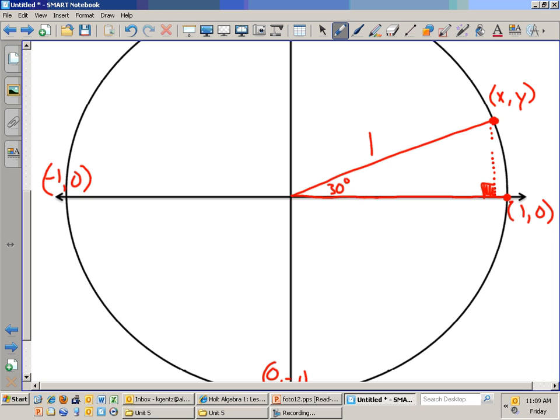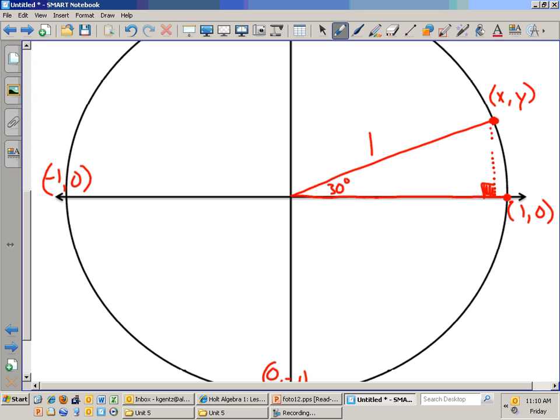Would you agree that the height of this altitude of the triangle would be my y value? Would you agree that the length of this triangle would be my x value? So if I can find this altitude of the triangle and the base of this triangle, I will have found the x and y values.